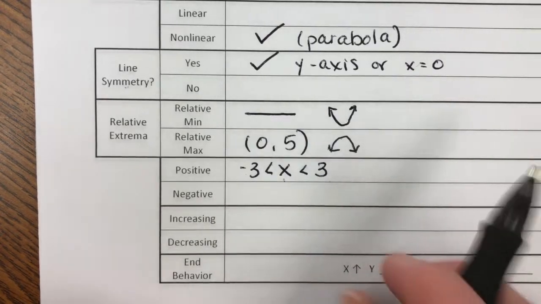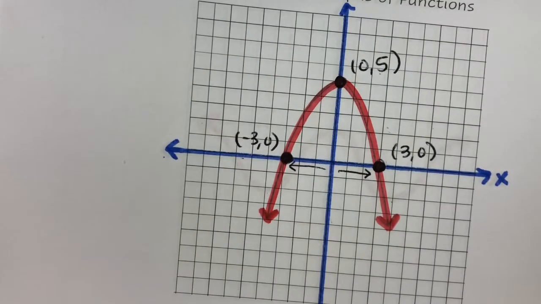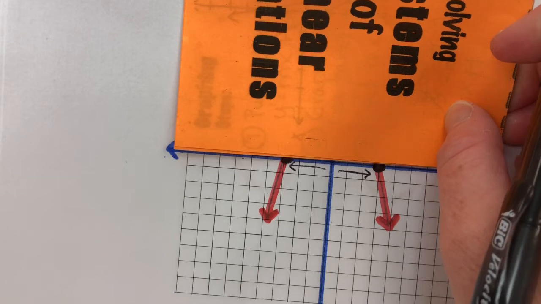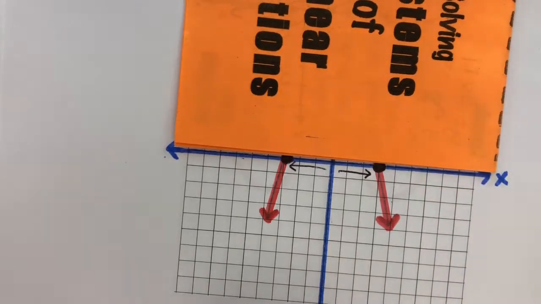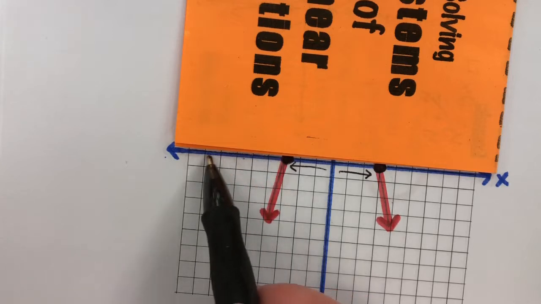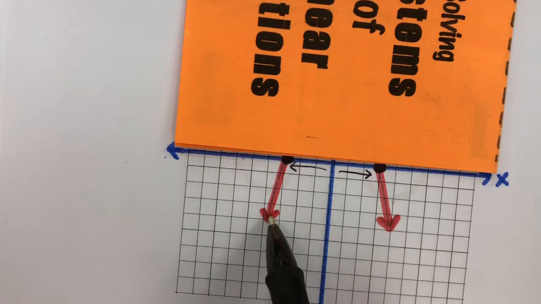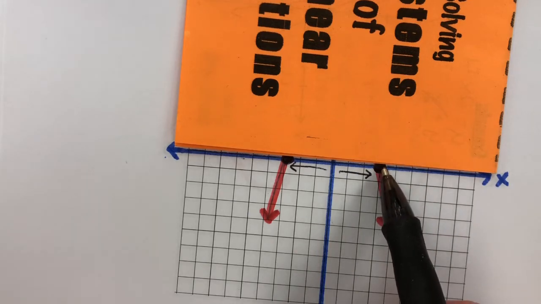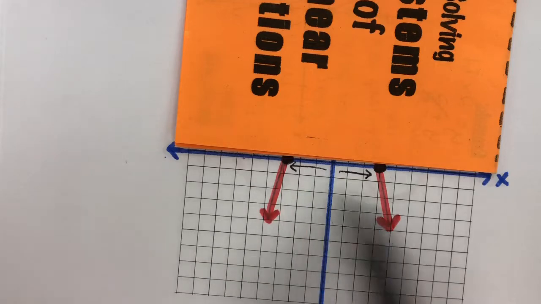And then where is it negative? Okay, so then I have to kind of think about it. I got to cover up what's above the x-axis. Okay, so it looks like if x is anything to the left of this dot, my graph is under the x-axis. If x is anything to the right of this dot, it's under. Okay, so this is all negative.